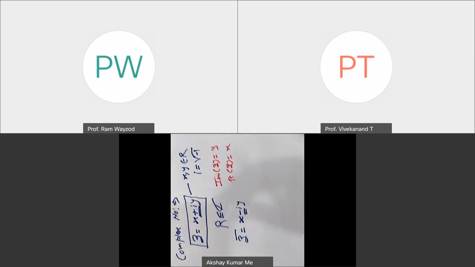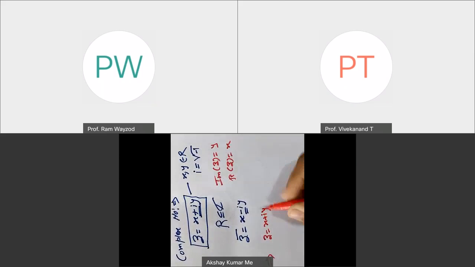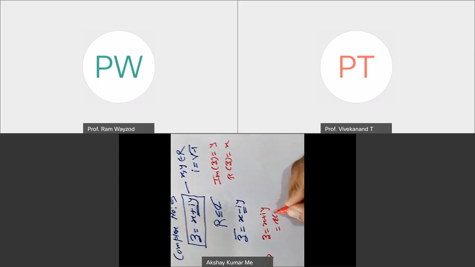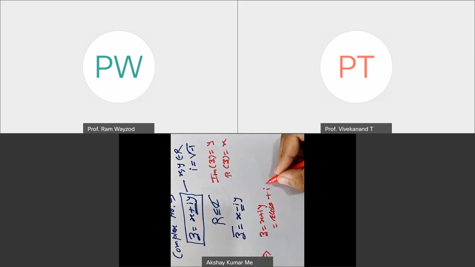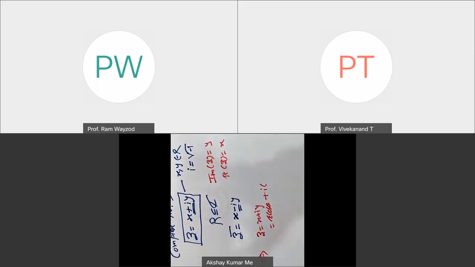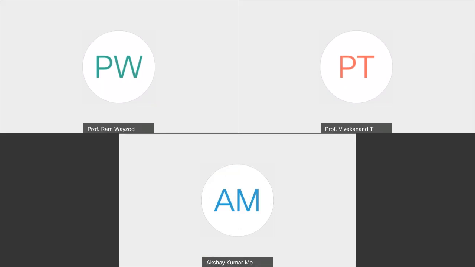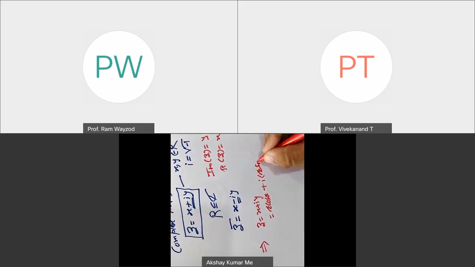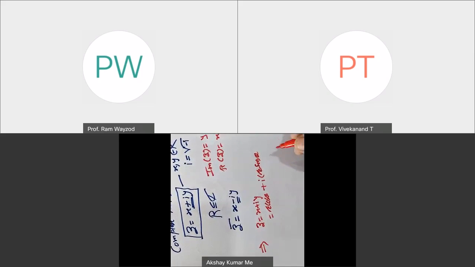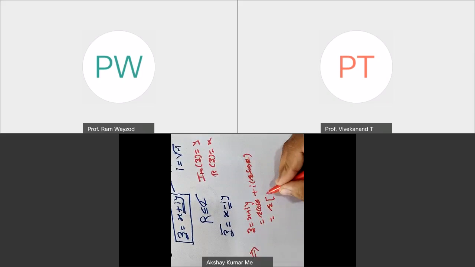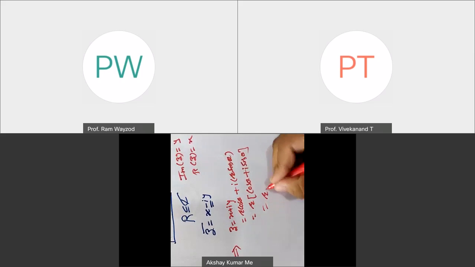Next, if z is equal to x plus iy, then we substitute x equal to r cos theta and y equal to r sin theta. Then we write z equal to r cos theta plus i r sin theta, and then r into e to the power i theta.